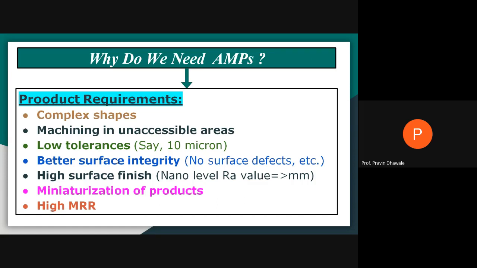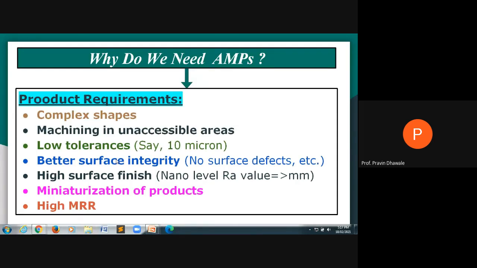Now, what are the product requirements in the case of advanced manufacturing process or non-conventional or non-traditional machining process? When will we use this? When you require a complex shape, complex geometry. We may require a drill which has a diameter in microns.